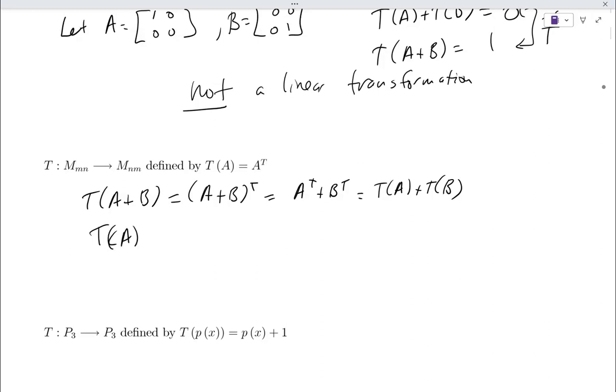Likewise, if I take the transformation of C times A, that's C times A transpose, which is C times the transformation of A. So this one is a linear transformation. So transpose works.